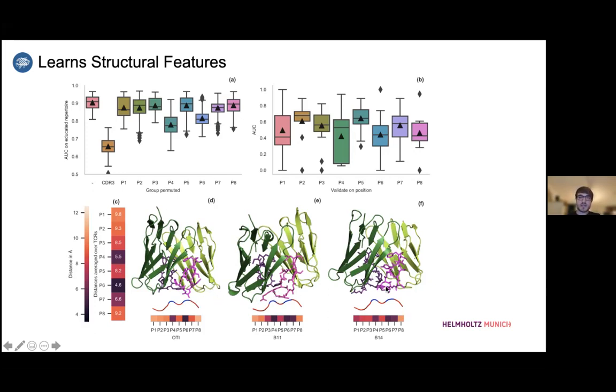And on the right, you see an example that doesn't activate well, and you usually have higher distances between the T-cell receptor and the epitope itself. So it seems like our model did truly extract functional and structural aspects of that data, and therefore was able to really gain these prediction qualities.